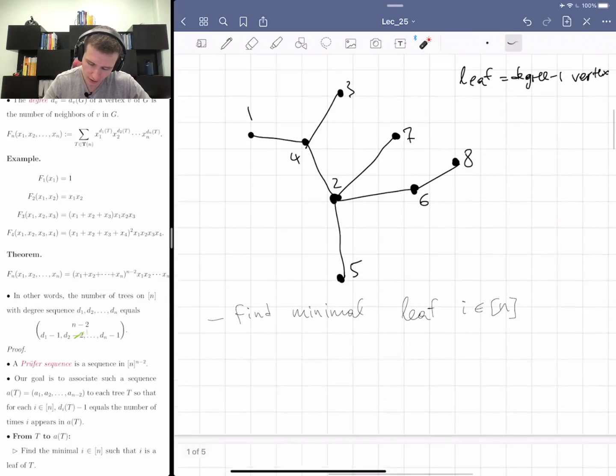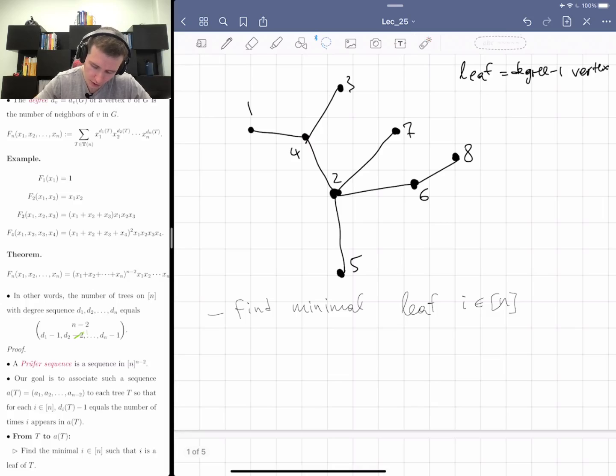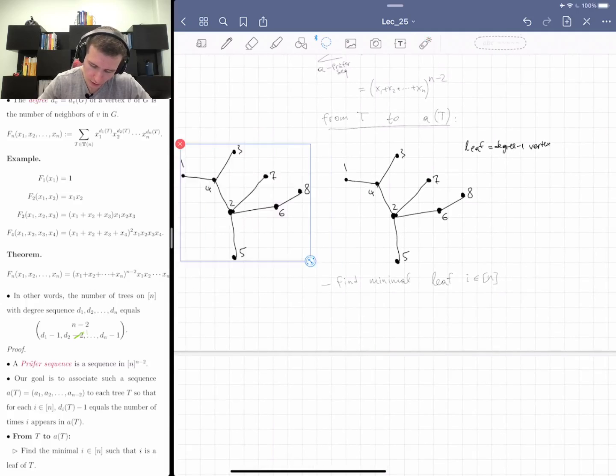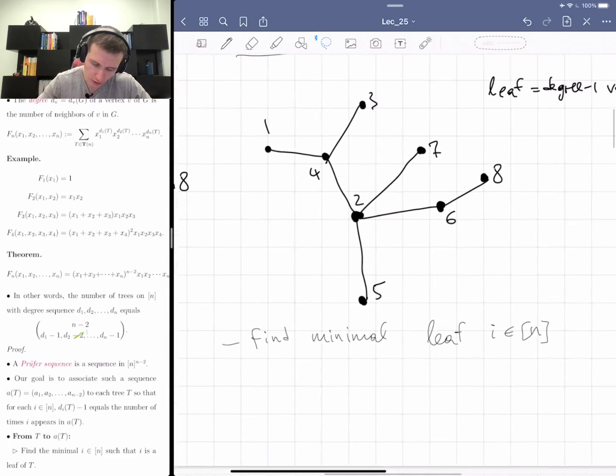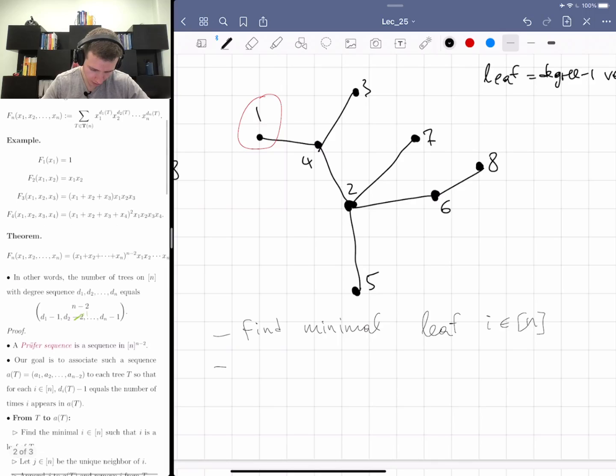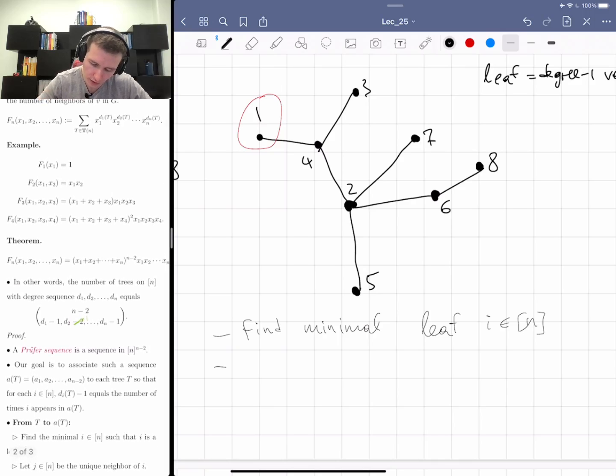Let me copy this tree, and then I'm going to modify it. So 1 is the smallest leaf, and then I'm going to look at the neighbor of the leaf.